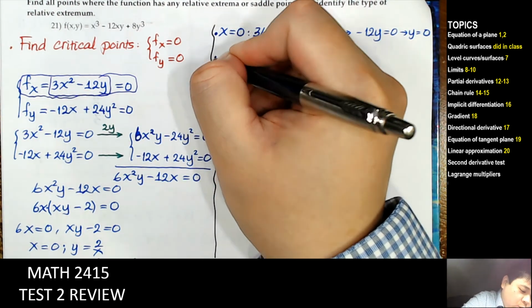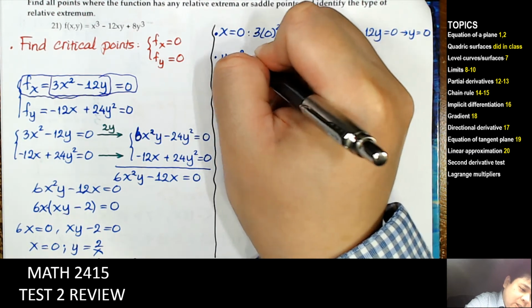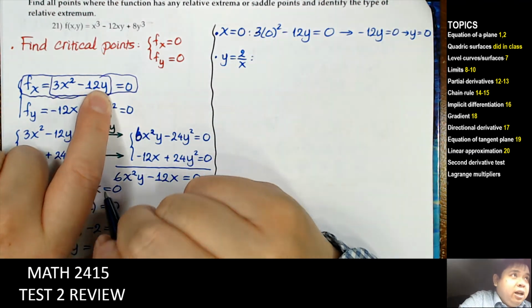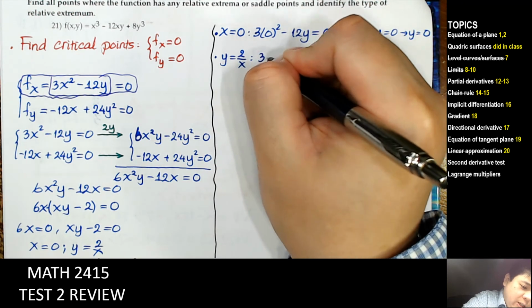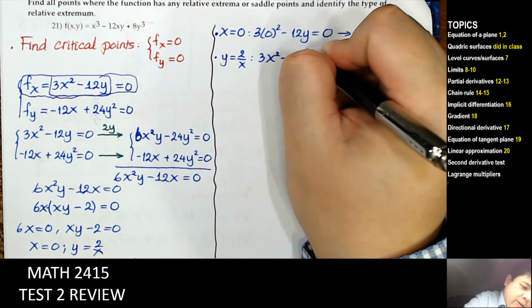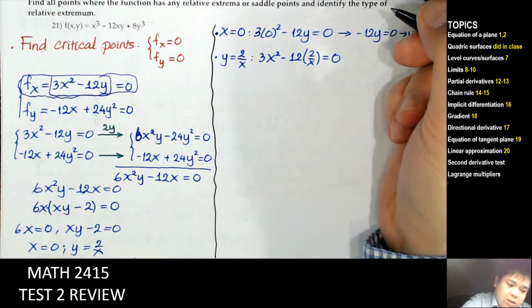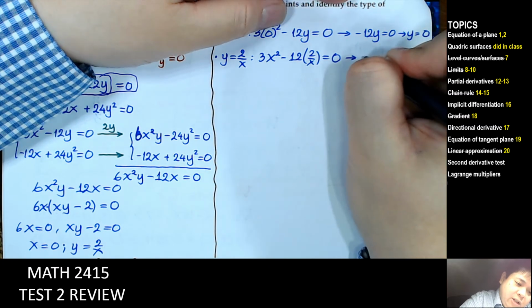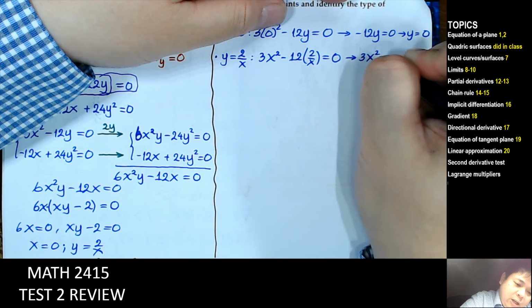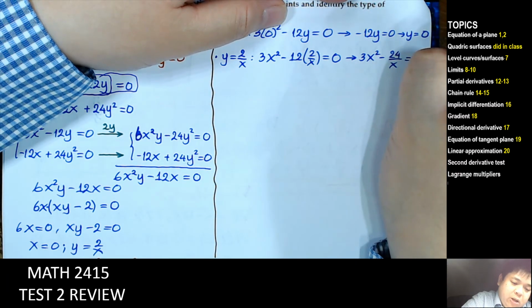Now what happens when y equal to 2 over x? I'm going to substitute in here. We have 3x squared minus 12 times y, which is 2 over x. That gives us 3x squared minus 24 over x equal to 0.